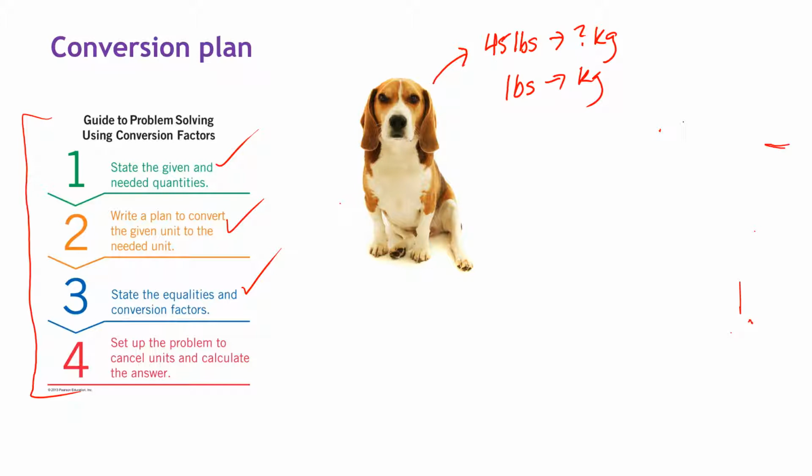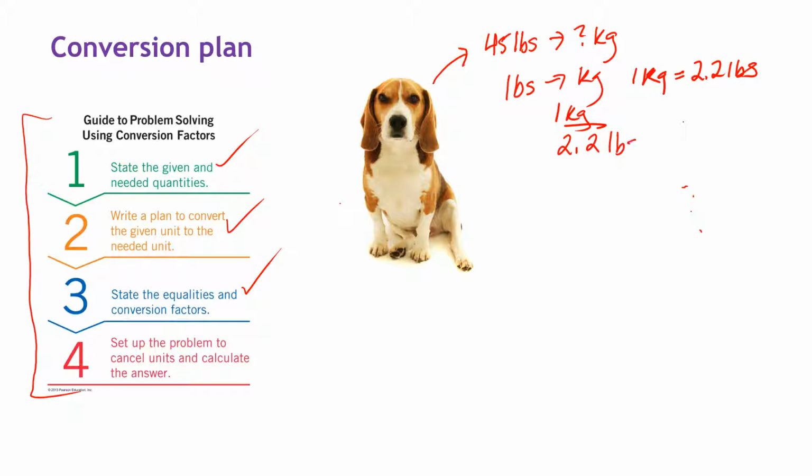So an equality here is going to be, for example, in this case, 1 kilogram equals 2.2 pounds. Okay, but that's not in conversion factor form. In order to put that in conversion factor form, we actually have two possibilities. One is to say that for every 1 kilogram, we have 2.2 pounds.